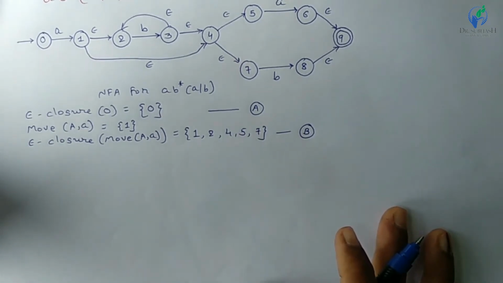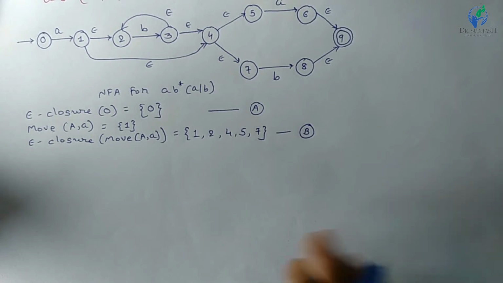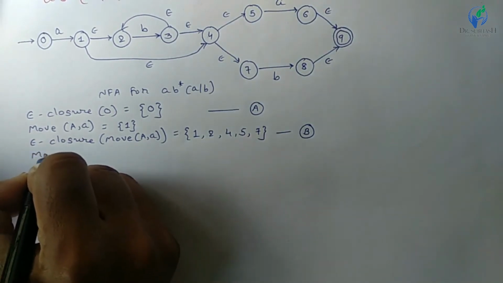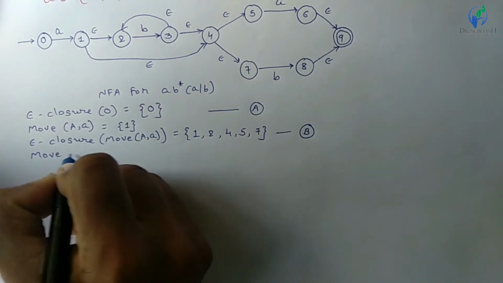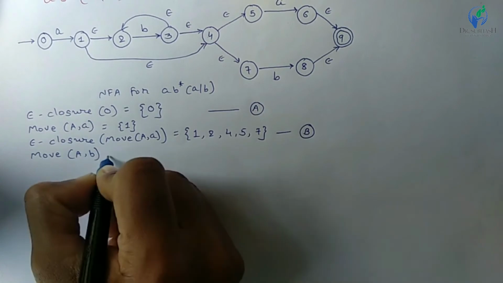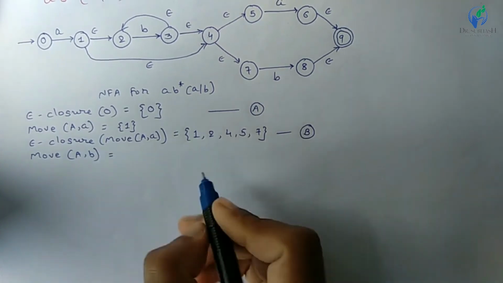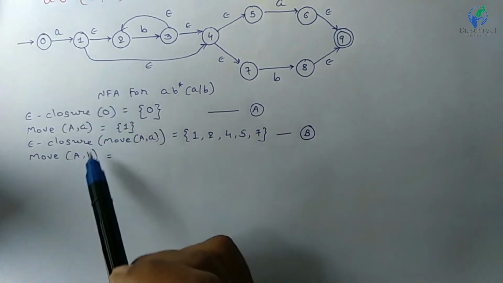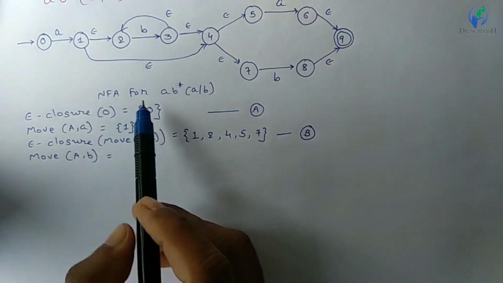Now find move(A, b). Your A state is 0. So find from state 0 any b transition. No, there is nothing.